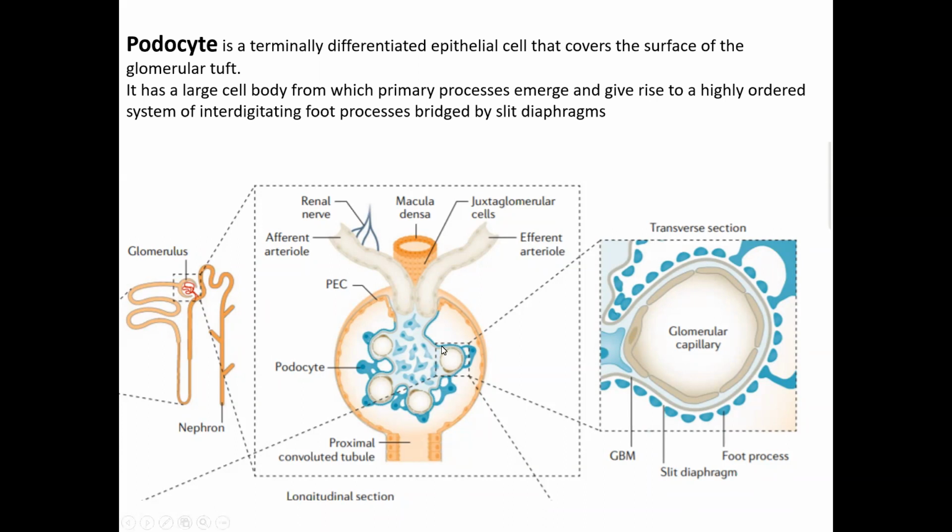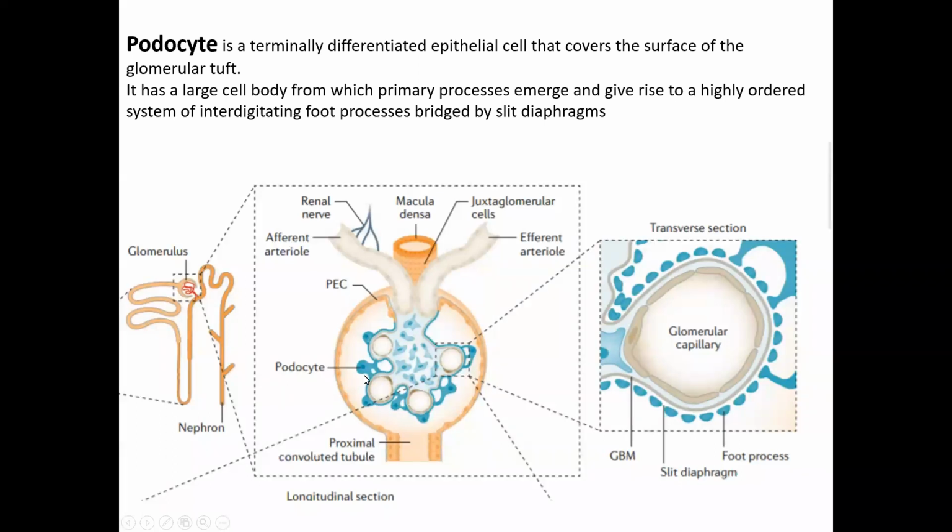Thank you, sir. So this is the schematic diagram of the glomerulus, and these are the glomerular capillaries. It comprises the basement membrane, and these are the fenestrations of the endothelial cells, and outside it is covered by the foot processes of the podocytes.